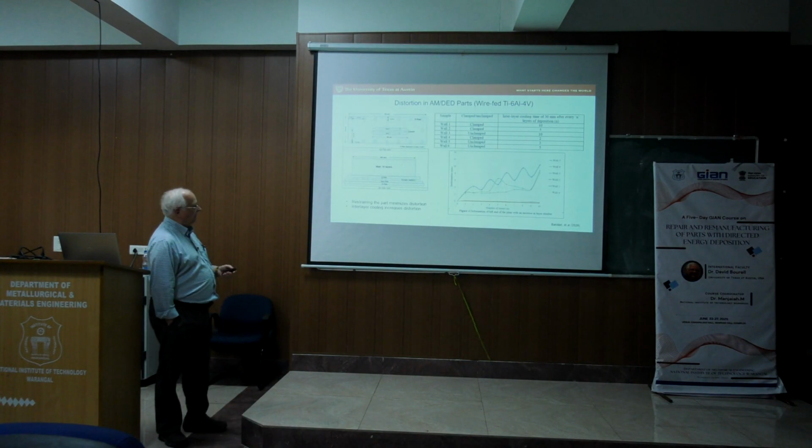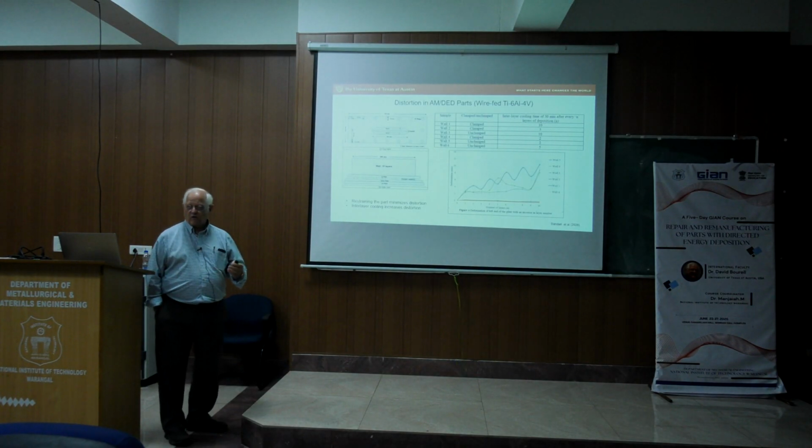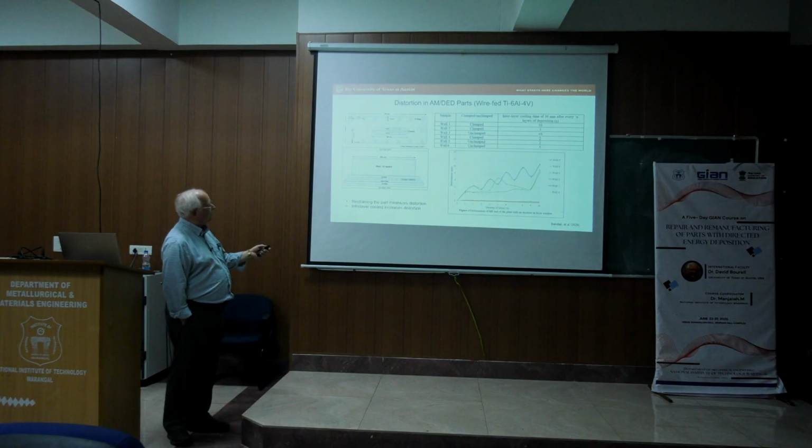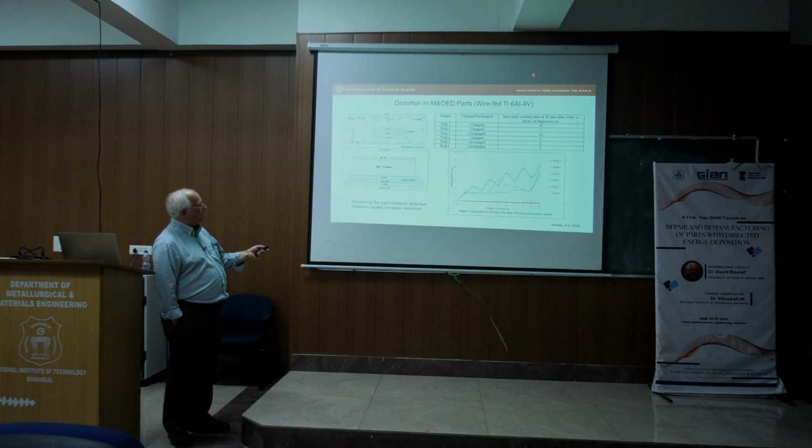What they found is that they had different scenarios, with two variables they were looking at. One was whether they clamped the substrate or not. The other variable was the so-called interlayer cooling time.